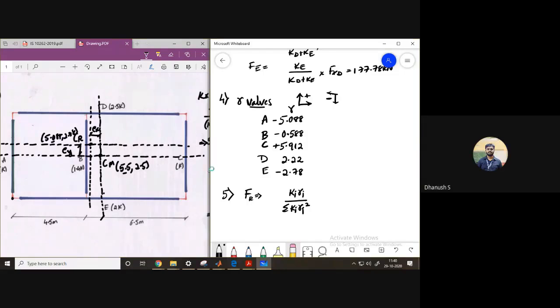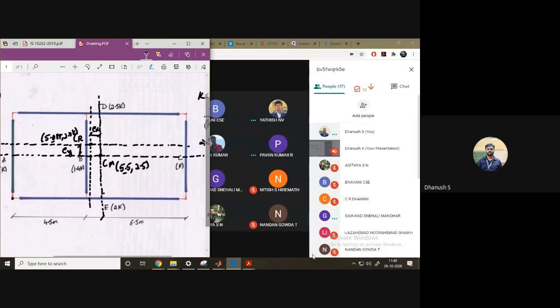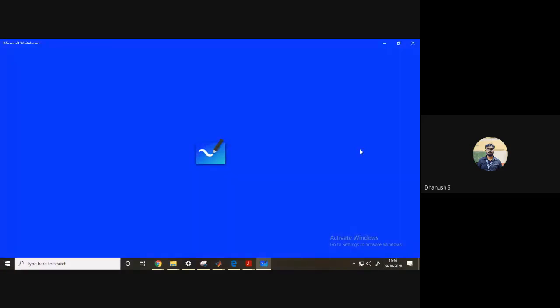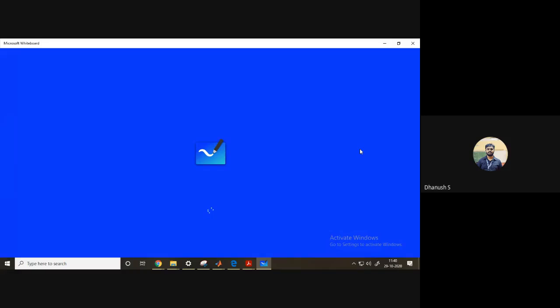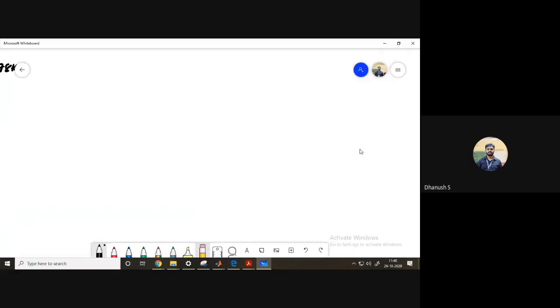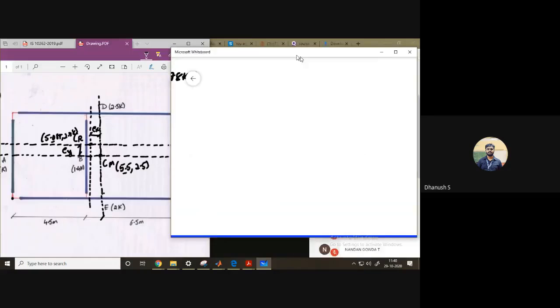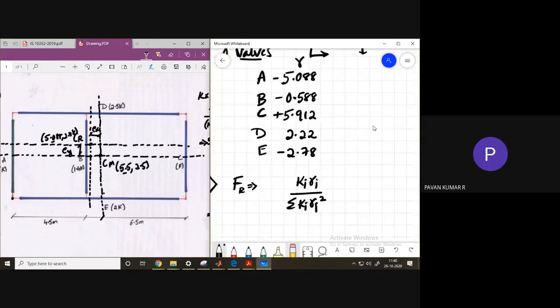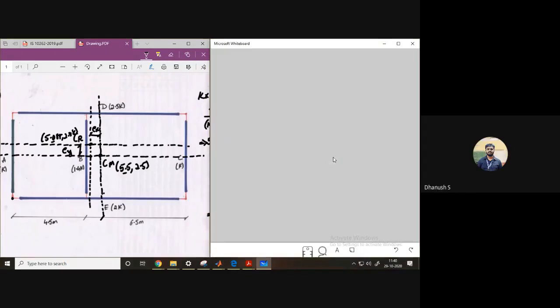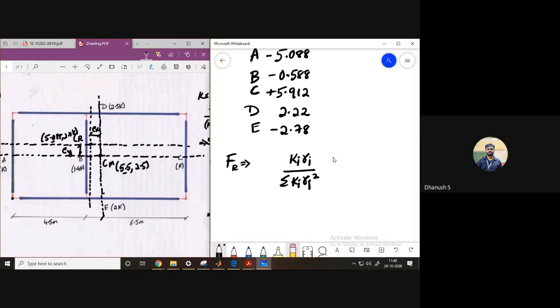The formula is KiRi divided by summation KiRi square into FED.